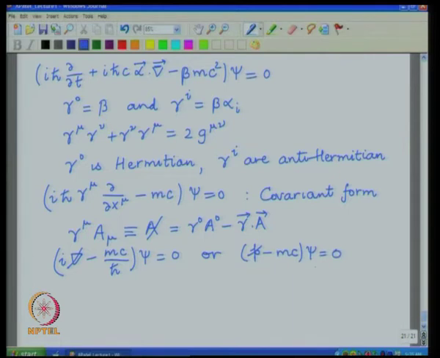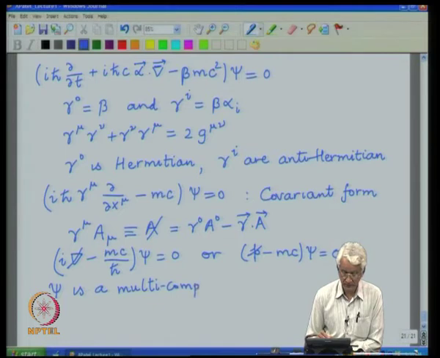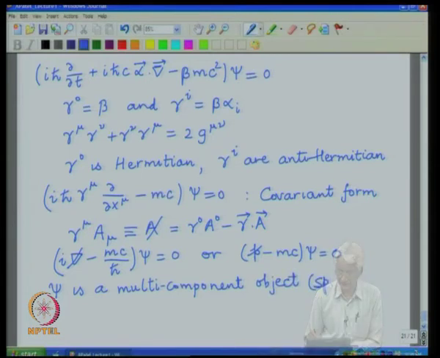So, it becomes p slash minus m acting on the vector equal to 0, and here you can see the explicit scale of relativity appearing. This m c by h cross is just a reciprocal of the Compton wavelength. So, this is a common form which is used, and you have to remember that psi is a multi-component object. In particular, it has a specific name, it is called a spinor.